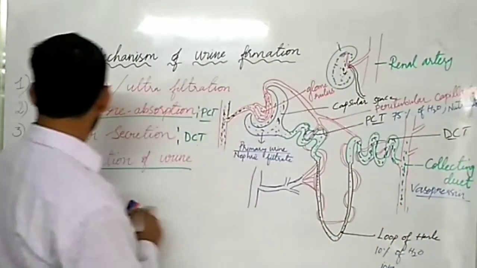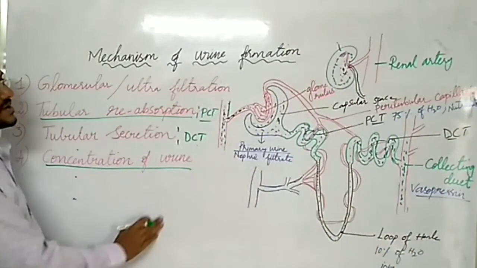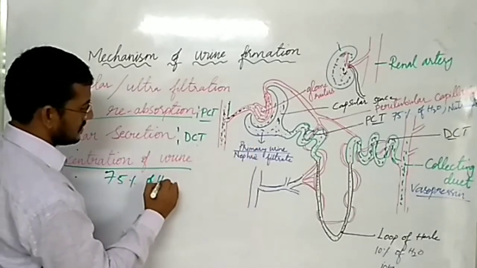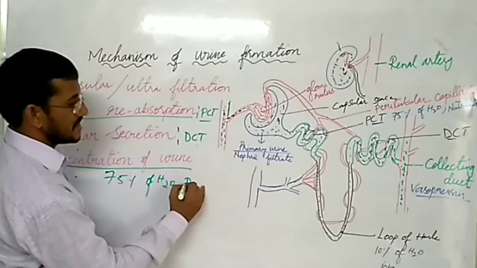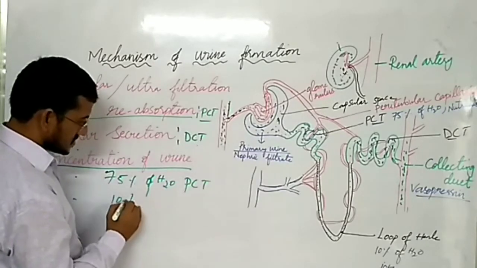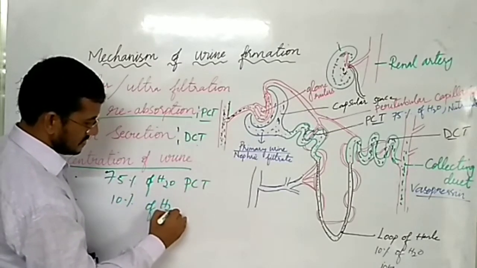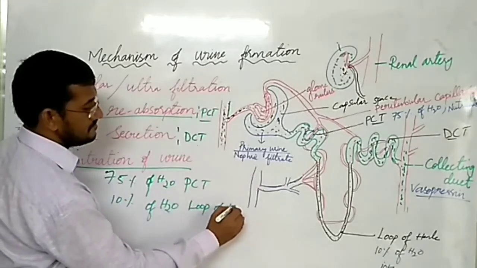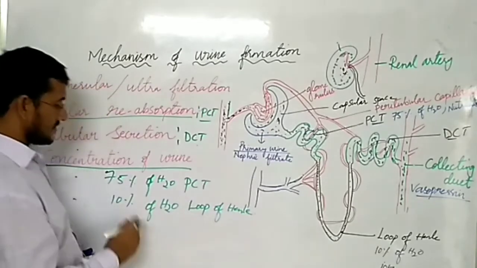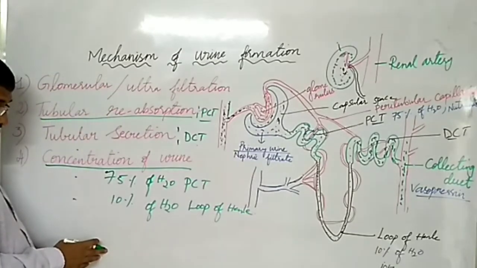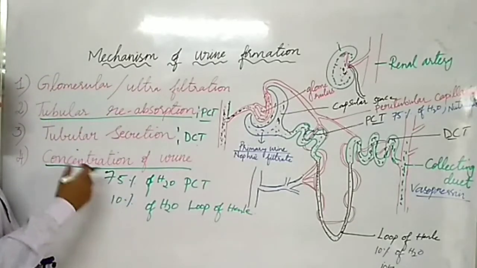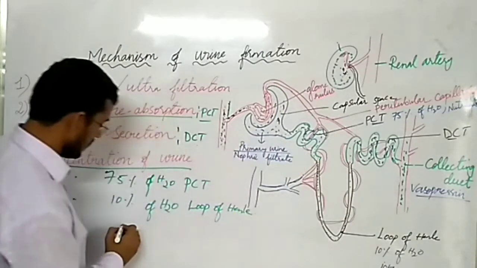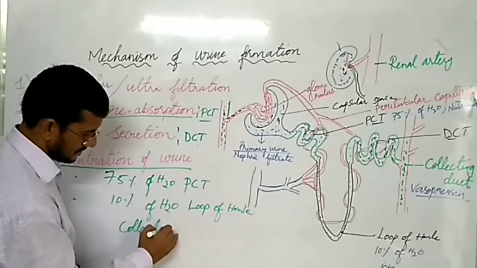So if you come to concentration of urine, 75% of water is absorbed in PCT, 10% of water is absorbed in loop of Henle, and the remaining extra water is absorbed in the collecting duct.